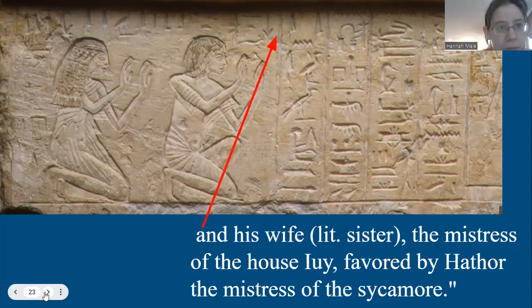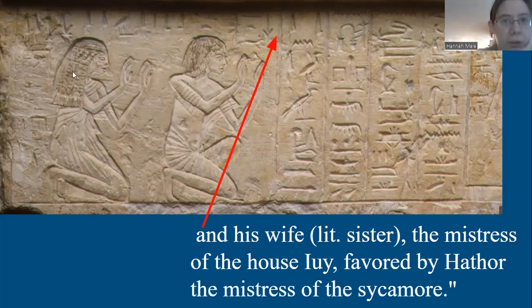And then you go to this next part here, and this is where it gives you some biographical info about the wife. And his wife, the mistress of the house, Iue, favored by Hathor, the mistress of the sycamore.